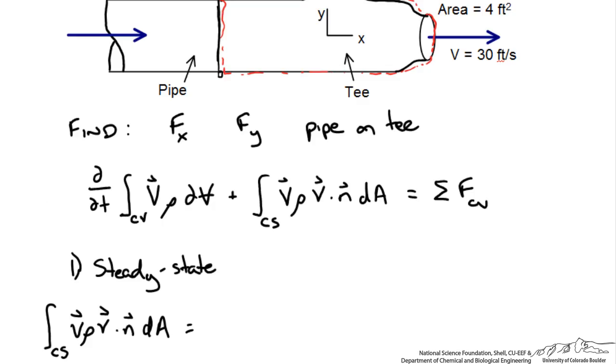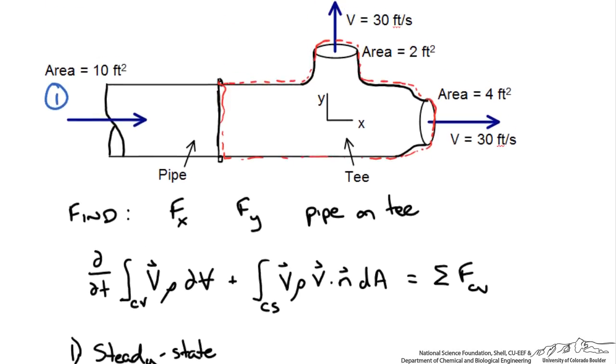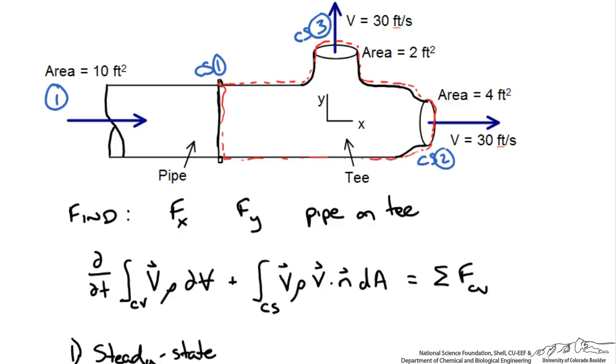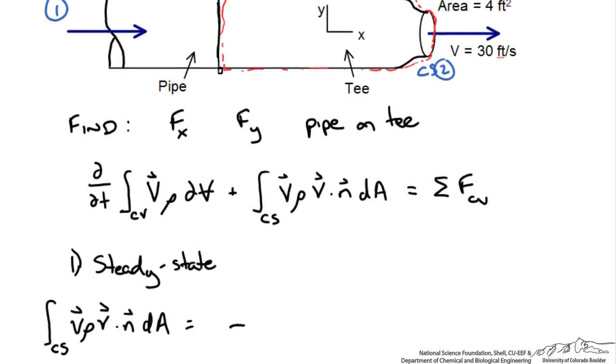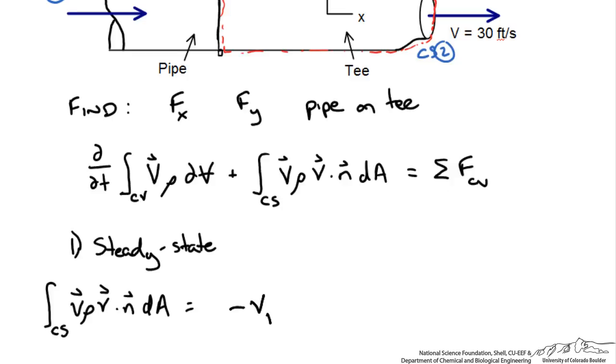So let's go up to our figure as we do this and label a couple more things. First of all, we're going to say that this into this control surface, this is control surface 1, we'll call this control surface 2, and we'll call this control surface 3. So for control surface 1, we have momentum entering our control volume, so we'll have negative V1 times the density of the fluid, again times V1 and area of 1, and so that covers this region here.